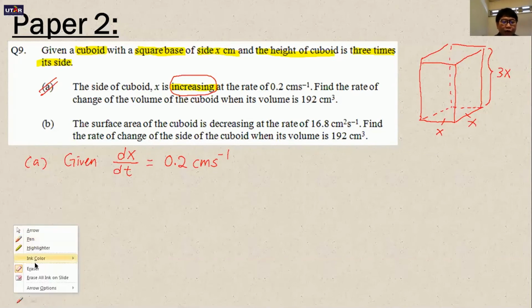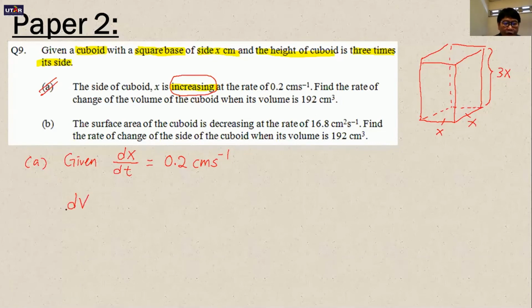So what do I want to find? I want to find dv over dt, the rate of change of volume. So how to find dv over dt? I need to have the volume of the cuboid. So according to the diagram here, what is the volume of the cuboid?